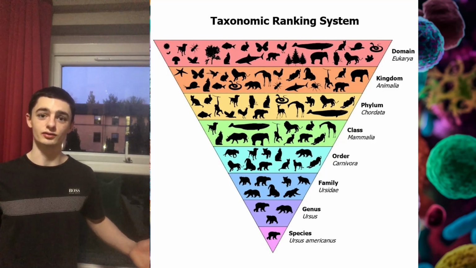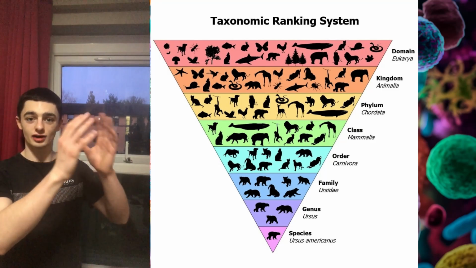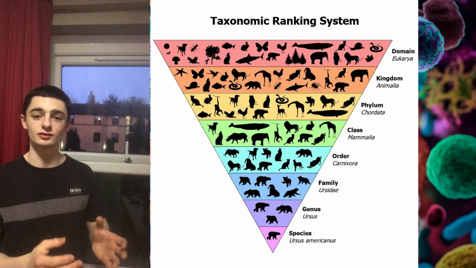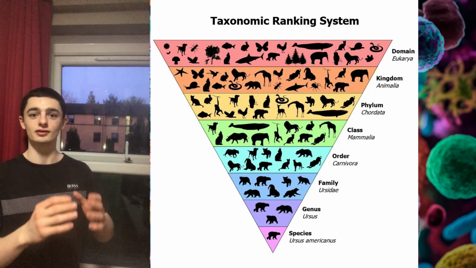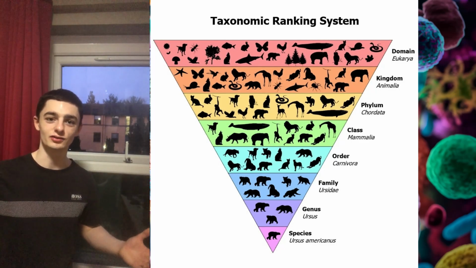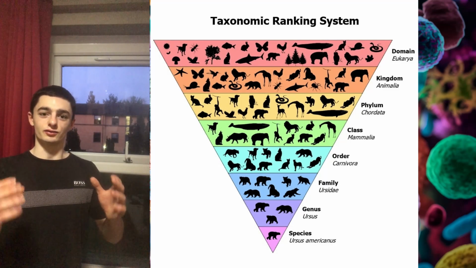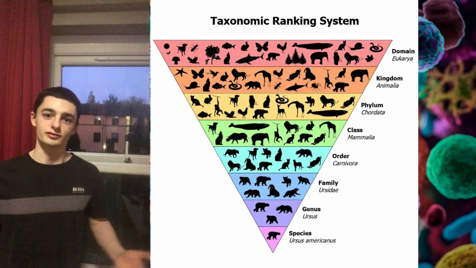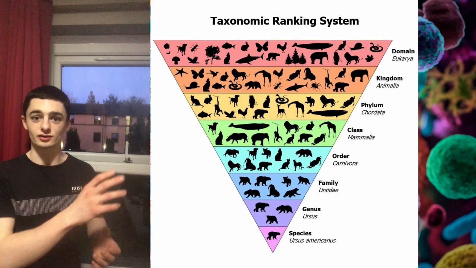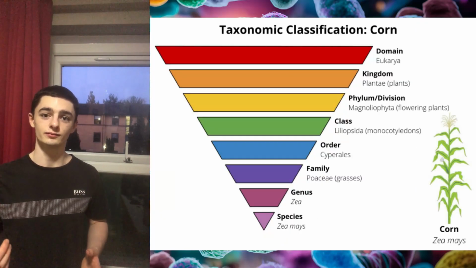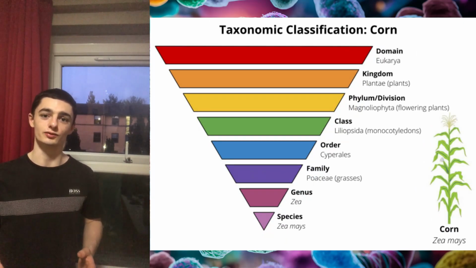So all animals fall under eukaryote because they've got a nucleus. But you can kind of think of it as multicellular as well. That's what you learn in GCSE, which means organisms with more than one cell. And prokaryotes tend to be single celled, so they're just one little cell roaming around.